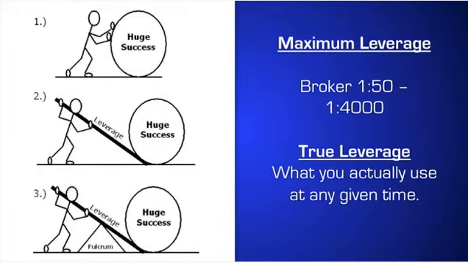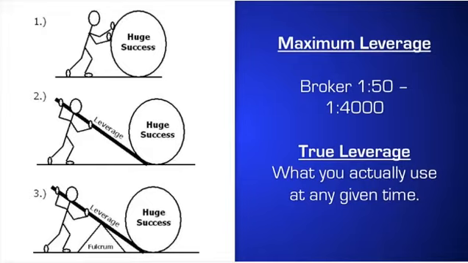Something I want to point out to you though. Whatever leverage you selected, that's your maximum leverage, meaning that is the most you can take out. That's like if you go to buy a house and you give them $50,000, they loan you $300,000.